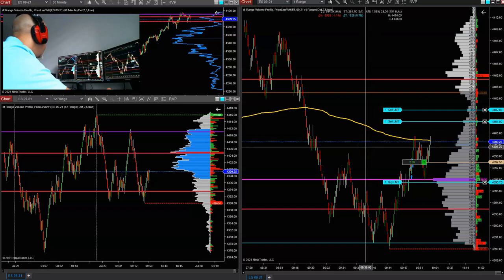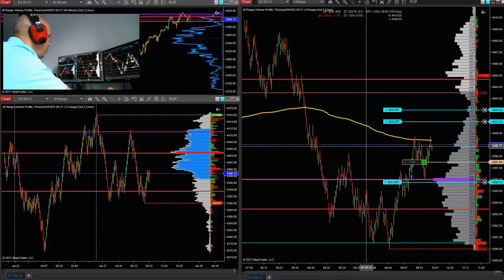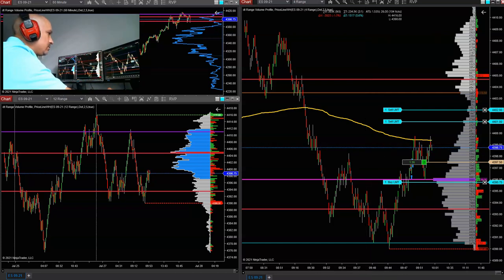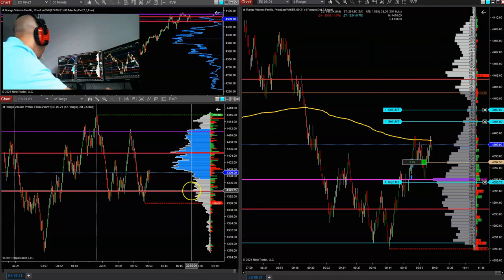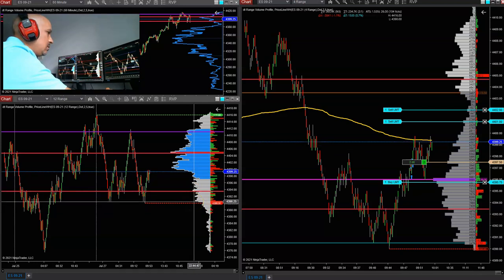We're bouncing, like I said, at resistance. Anything can happen. The market can pull back. Could definitely pull back and push lower.